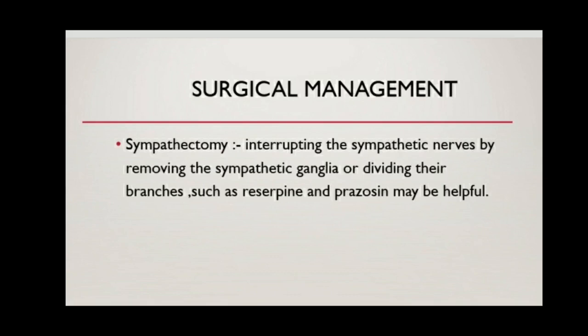It reduces the frequency and the duration of the attacks of Raynaud's condition. In sympathectomy, the sympathetic nerves are interrupted by removing the sympathetic ganglia or dividing their branches. Drugs such as reserpine and prazosin may be helpful. These are the drugs that are used with the sympathectomy.